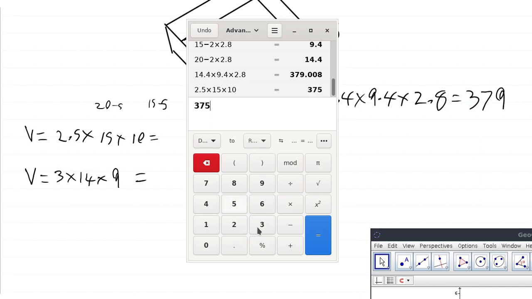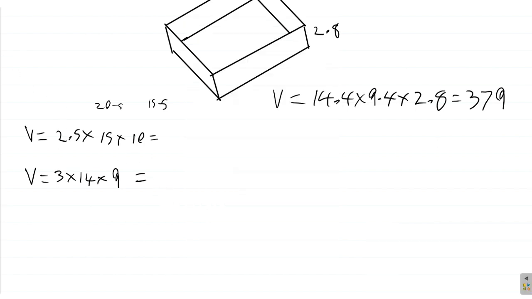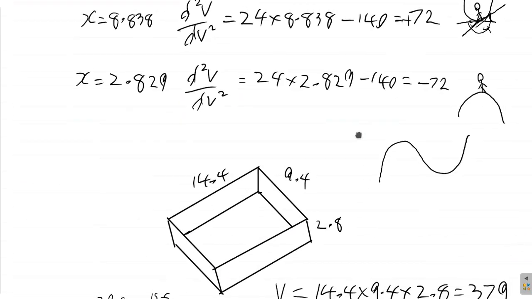Let's look at this one. Suppose we have 3 by 14 by 9. It dropped from 379 to 378. So we have 375, 378. So you see, this was indeed the maximum point, the maximum volume.